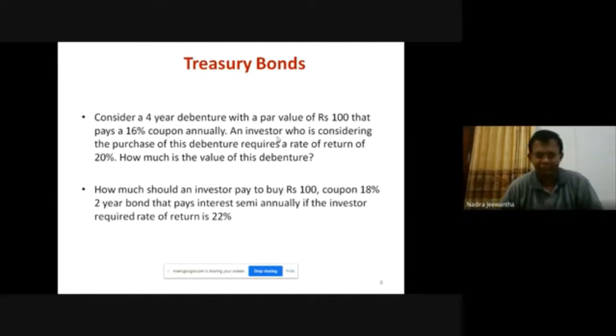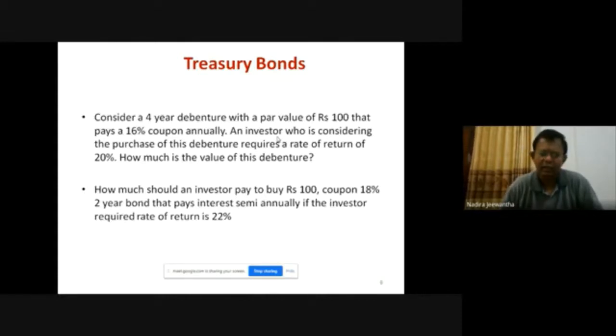Don't go wrong. Even if the investor has 100 million rupees and needs to invest in a 5-year debenture with par value 100, don't worry about the amount of money the investor has.